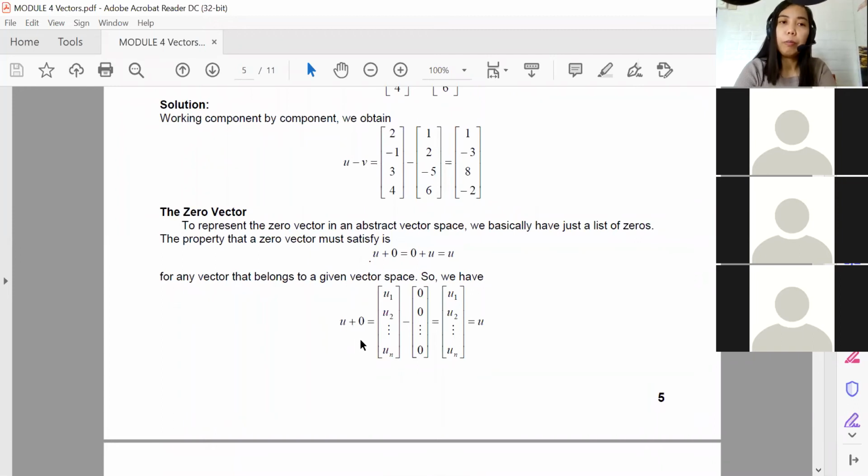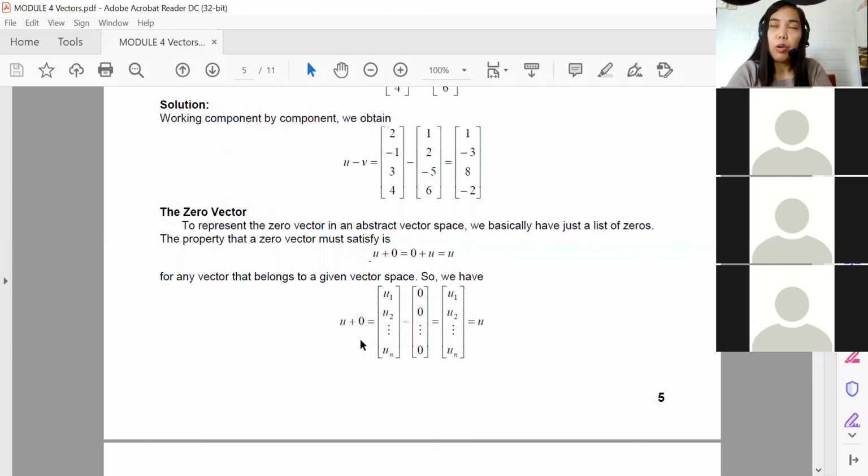Next, the zero vector. To represent the zero vector in an abstract vector space, we basically have just a list of zeros. All elements or all components are zeros. That is the zero vector. So the property that a zero vector must satisfy is u plus 0 or 0 plus u is equal to u.